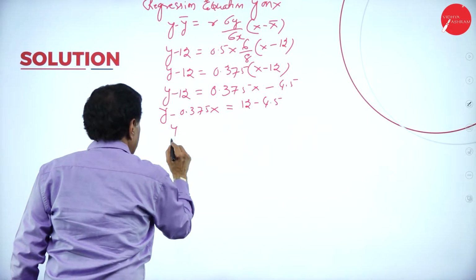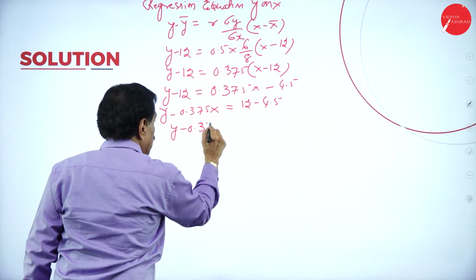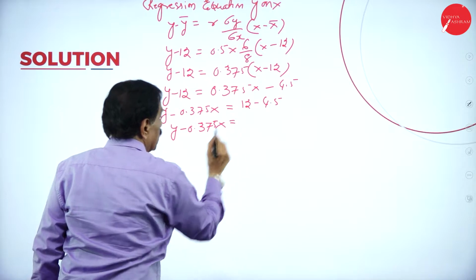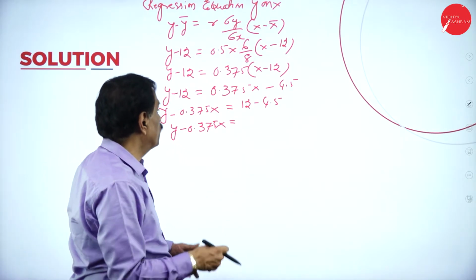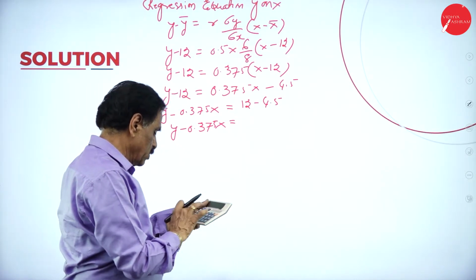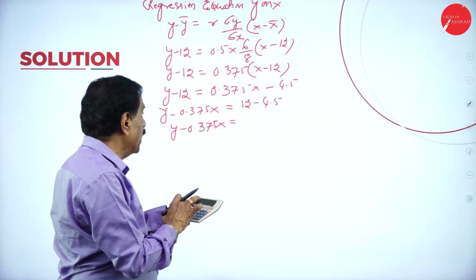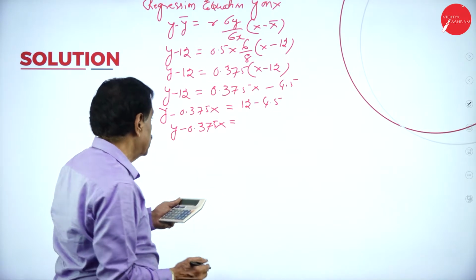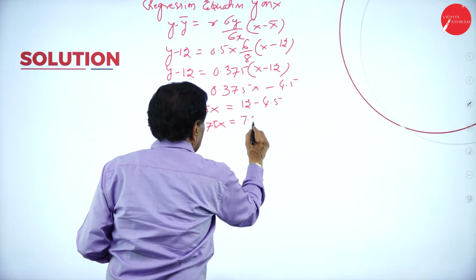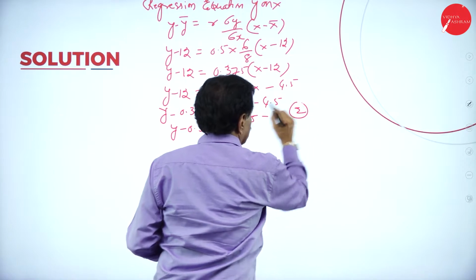This is y minus 0.375x equals 12 minus 4.5, that is 7.5. This is equation number 2.